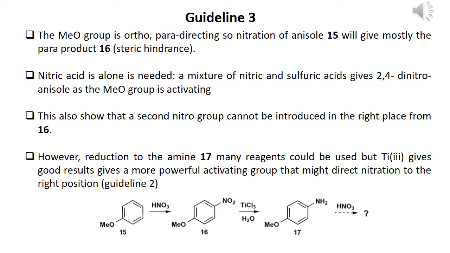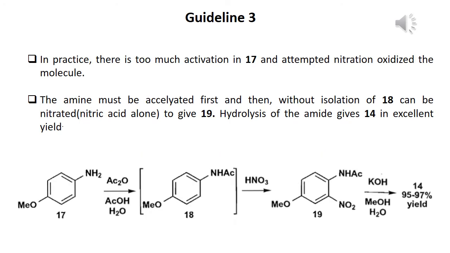In practice, there is too much activation in 17, and attempted nitration oxidizes the molecule. Because NH2 is too much activating, when nitration was tried, it oxidized the molecule. Instead of nitration, oxidation took place because NH2 is too activating. The amine must be acylated first.